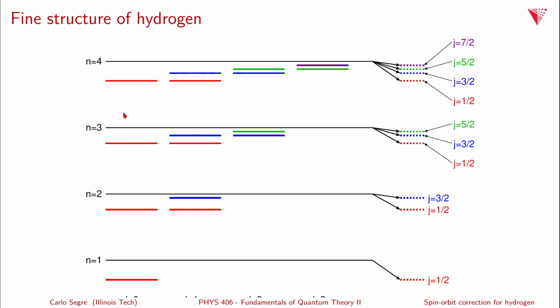You go to n equals 3, you can now have L equals 2, 1, or 0. For 0, you have 1 state. For 1, you have 2 states, the J equals 3/2 and the J equals 1/2. And for L equals 2, you again have 2 states, the J equals 5/2 and the J equals 3/2. N equals 4 now has an additional set of states for L equals 3.